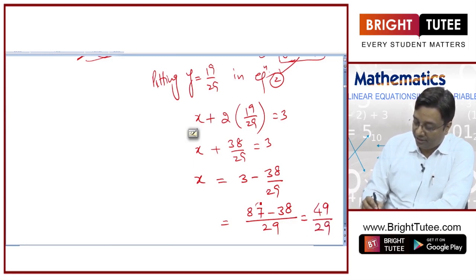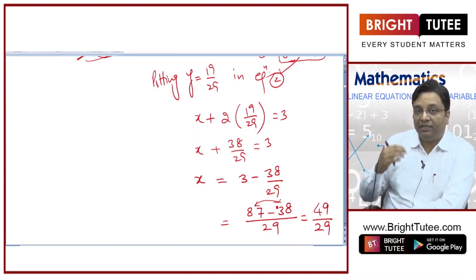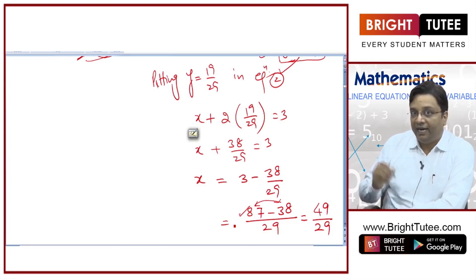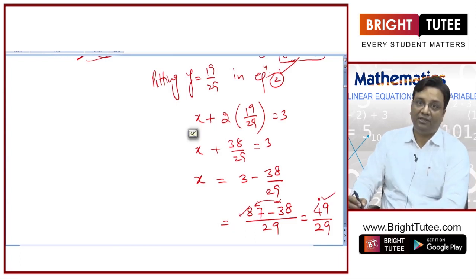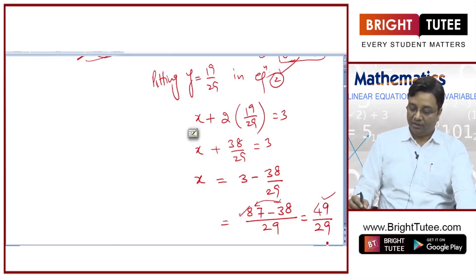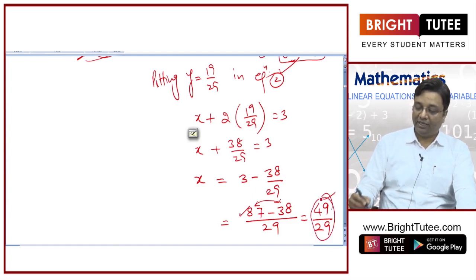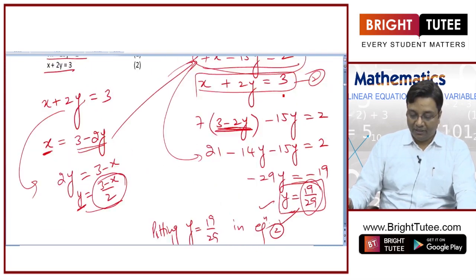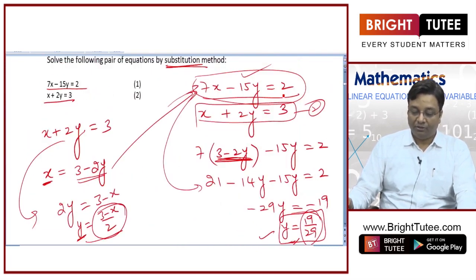You can simply subtract these, or you can think in your mind that 38 is nothing but 40 minus 2, right? And if you subtract 40 from it and then add 2, you'll arrive at the same result, which is 49. Okay, so x is equal to 49 by 29 and y is equal to 19 by 29. This is what I obtained using the method of substitution.